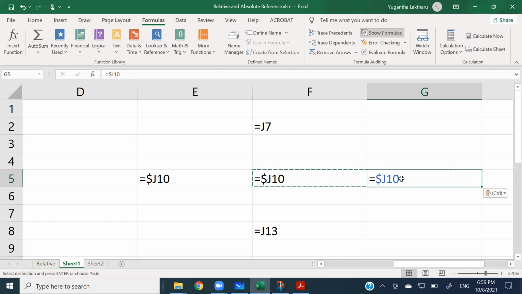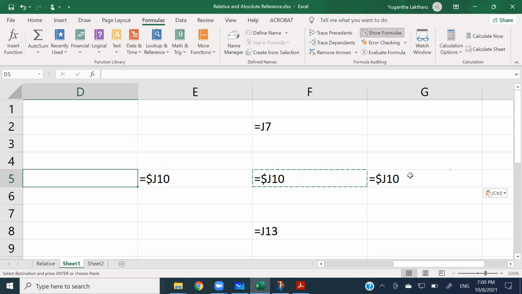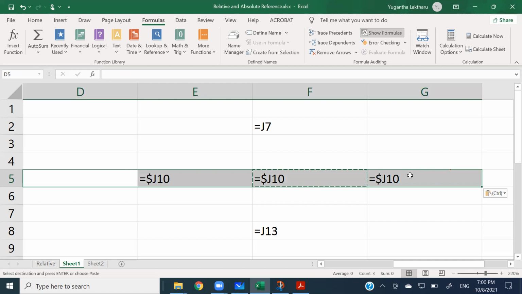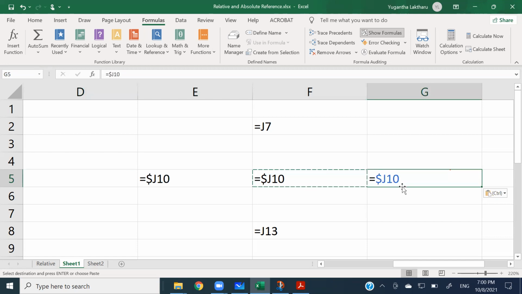See, it's $J10 again because we are copying it in the same row. So the number is not going to change anyway. And since we have used a dollar sign in front of the J, on the left side of the J, J is not going to change ever again.